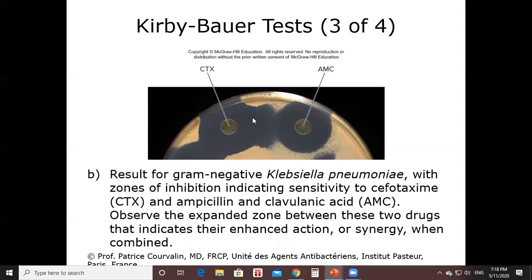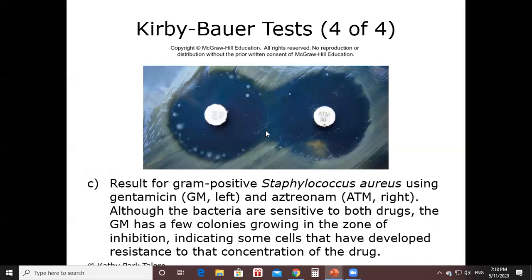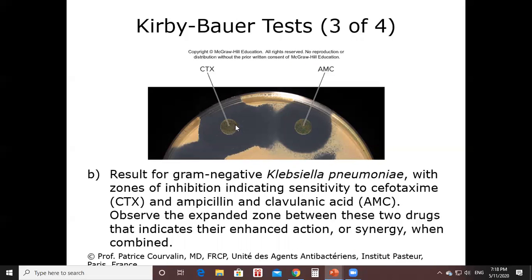What's interesting is that the bacteria in between the two, which normally wouldn't be affected, are affected because of the interaction between these two close by, which has a better kill rate than each one individually. So if you put these two together, you actually kill more than if they were individual.